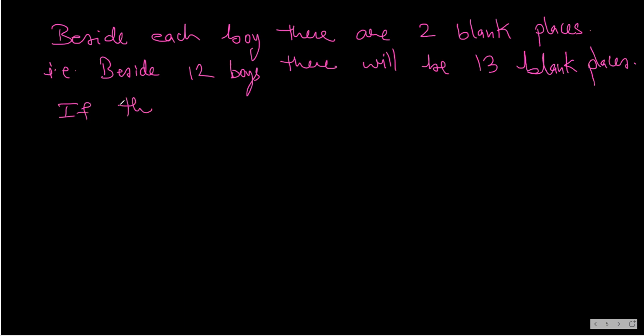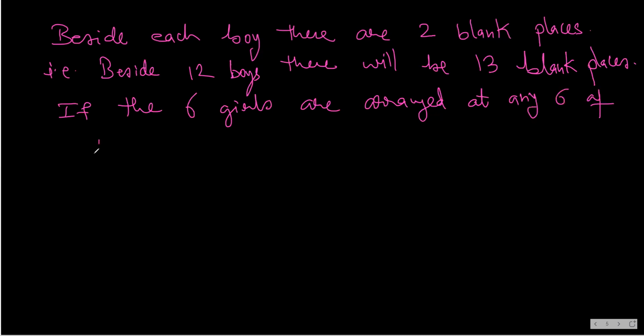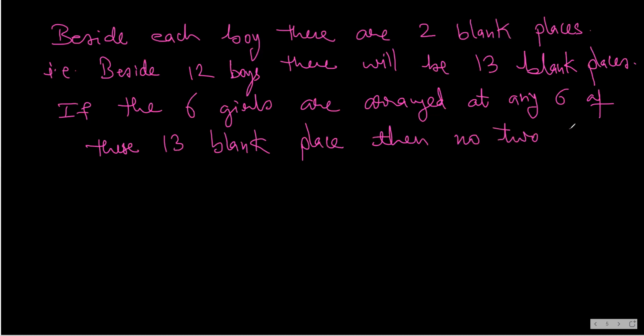If the six girls are arranged at any six of these 13 blank places, then no two girls will be together.